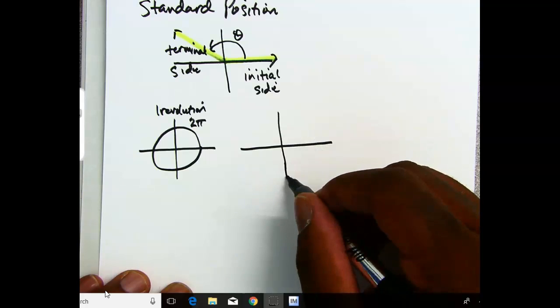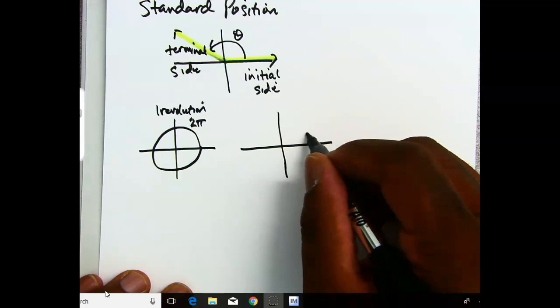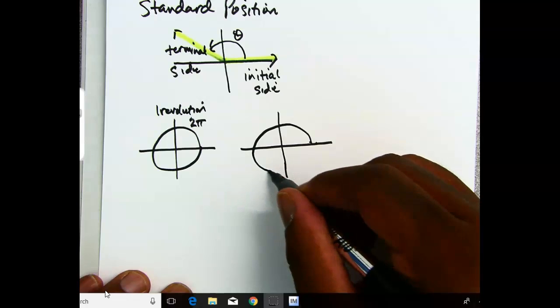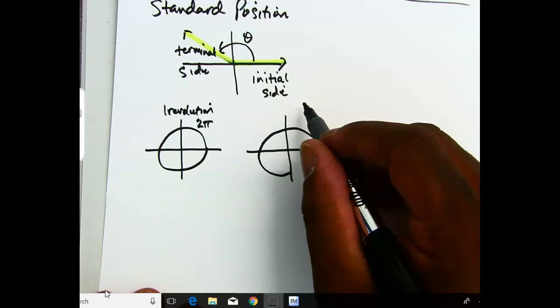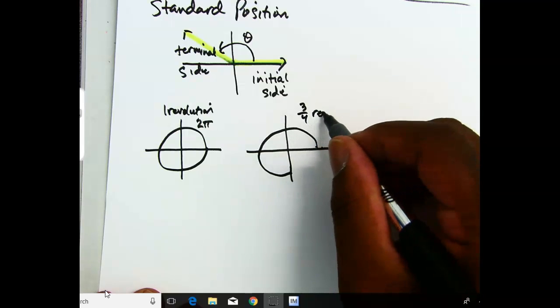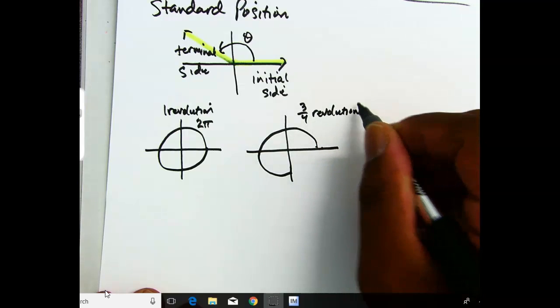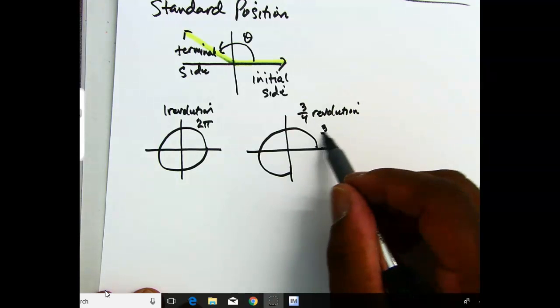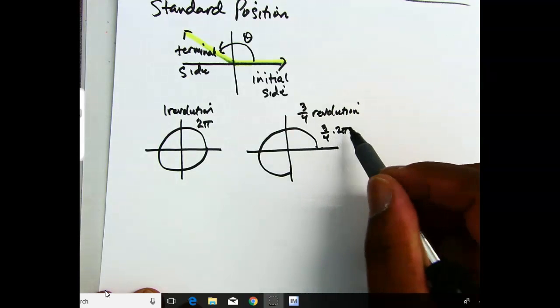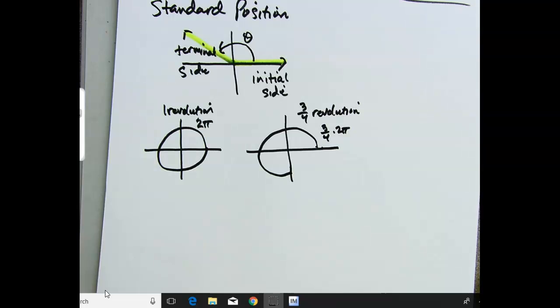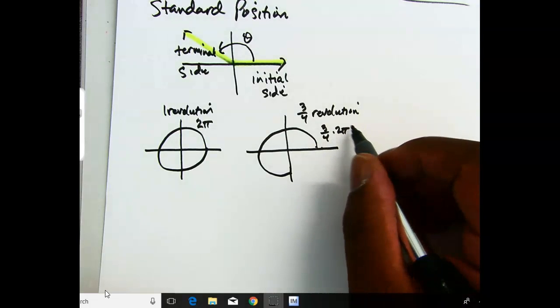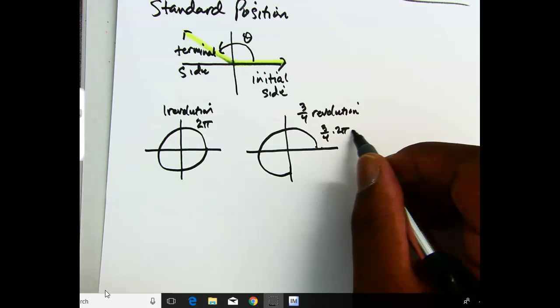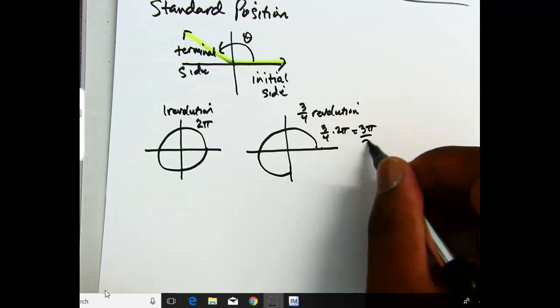How about 3/4 of a revolution? Well, that would be 3/4 times 2 pi. A full revolution is 2 pi, so 3/4 of a revolution would be 3/4 times 2 pi, which would be 6 pi over 4 or 3 pi over 2 radians.